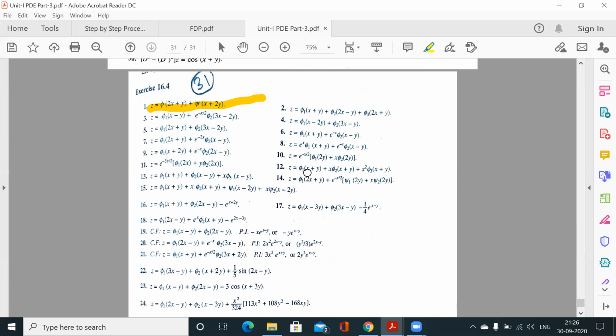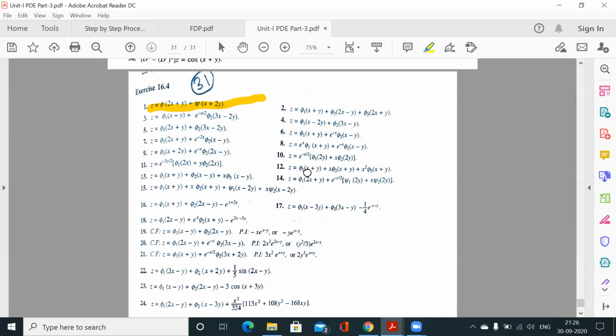From the next lecture, we will start unit 2, which is the application of PDE. In that unit we have to solve some particular types of PDE which are standard PDEs, like the wave equation, Laplace equation, heat equation.